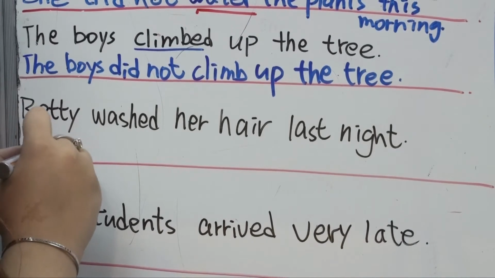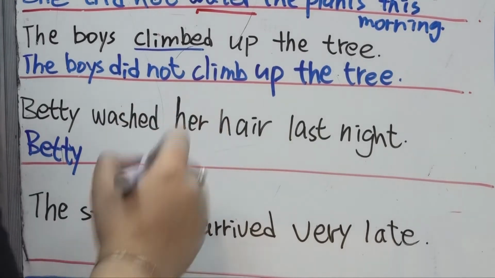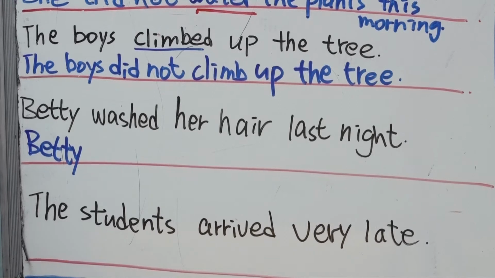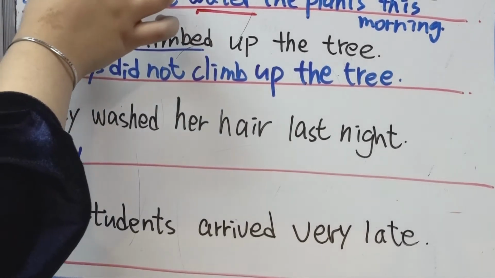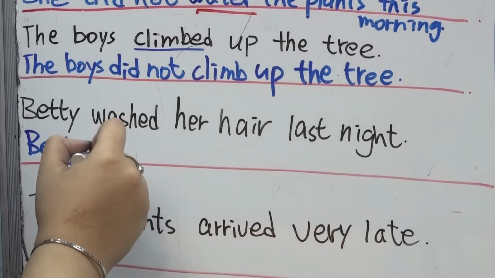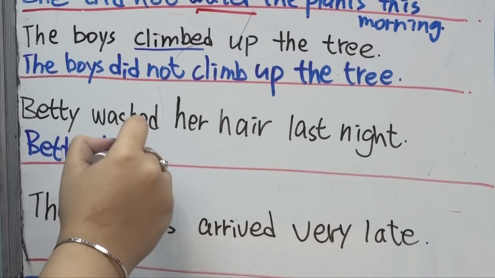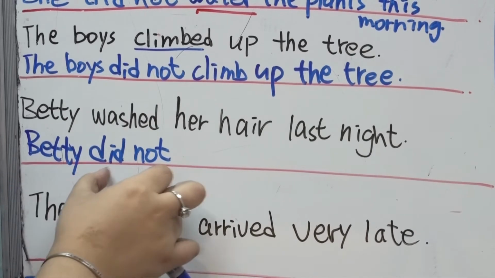Betty. Okay. Betty. How do we form a negative sentence? Subject with, again, what's not? Did not. Okay, did not. Did not, right? Subject, did not.